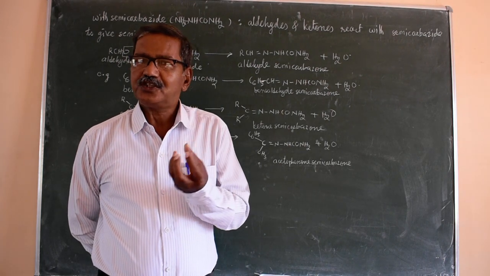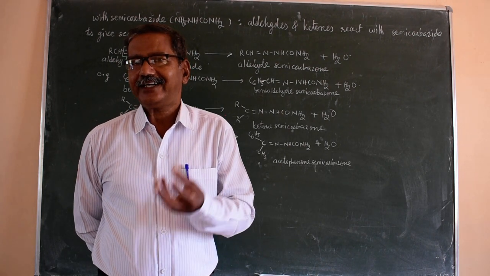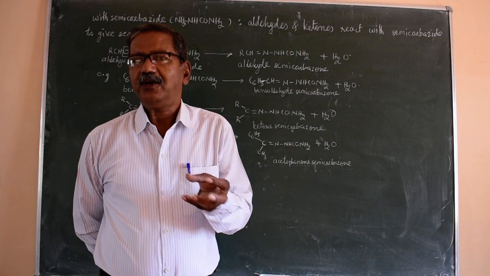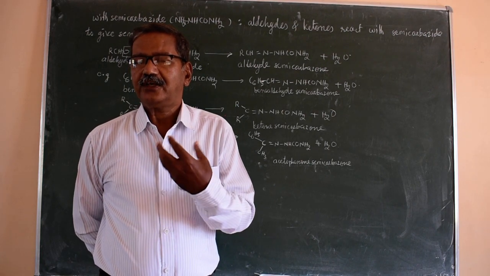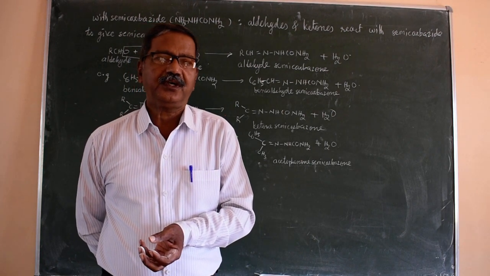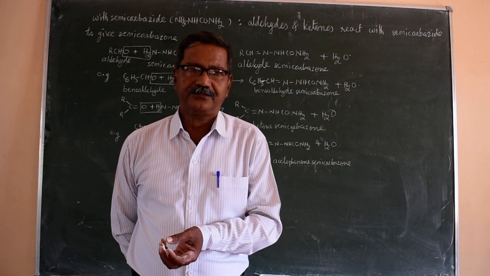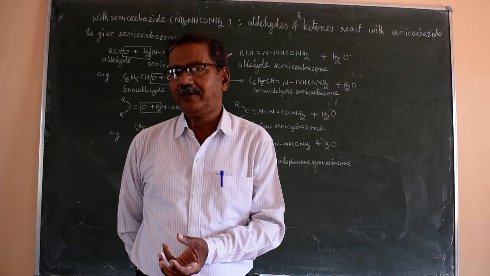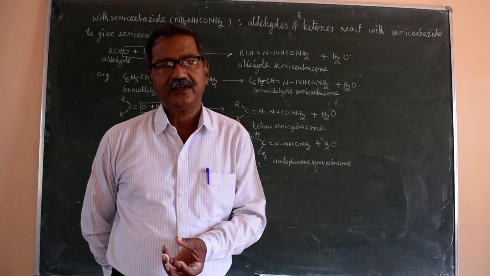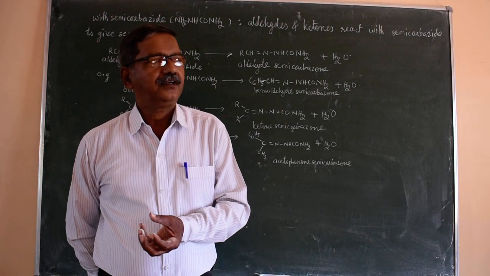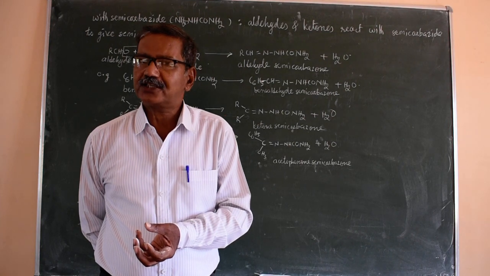So these two reactions, with Tollens reagent and with Fehling's solution, are used to distinguish between aldehydes and ketones. Ketones do not give the black precipitate with Tollens reagent and do not give the red precipitate with Fehling's solution.